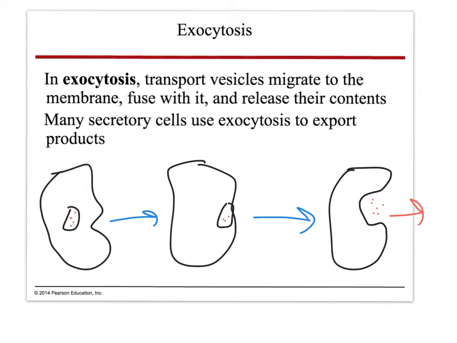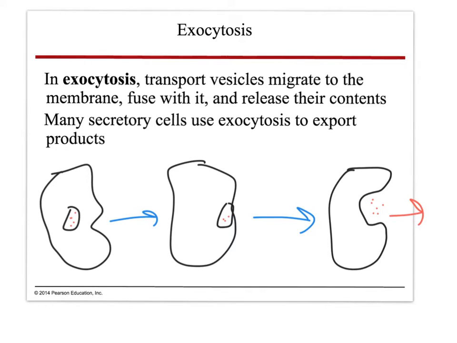So we have little cars on the tracks that are pulling the vesicles, pulling their cargo. There's some type of energy that has to be used to move them in and out. That's where ATP is hydrolyzed. So the movement of this vesicle from inside the cell to outside the cell requires ATP to be hydrolyzed.